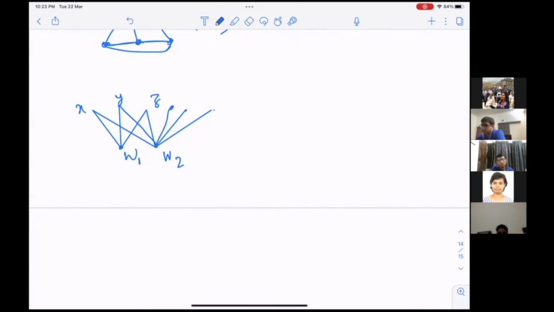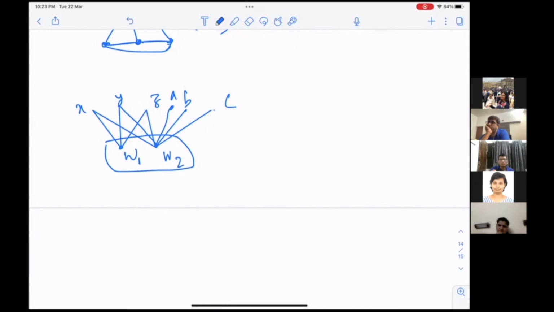Can we apply this rule here? Suppose this is exactly how the graph looks. What rule can you say and why?